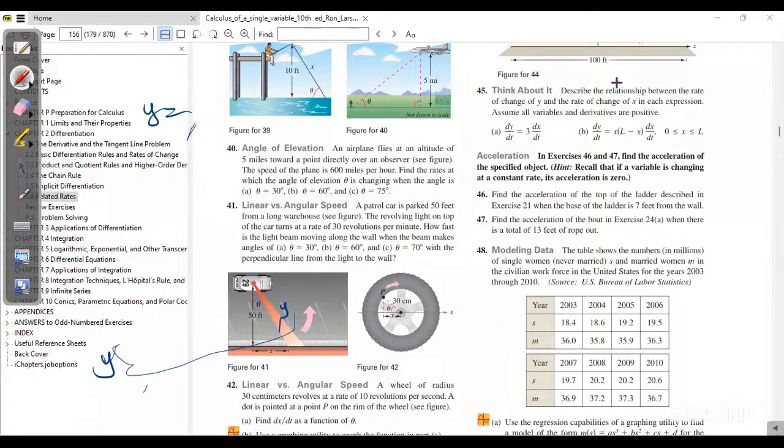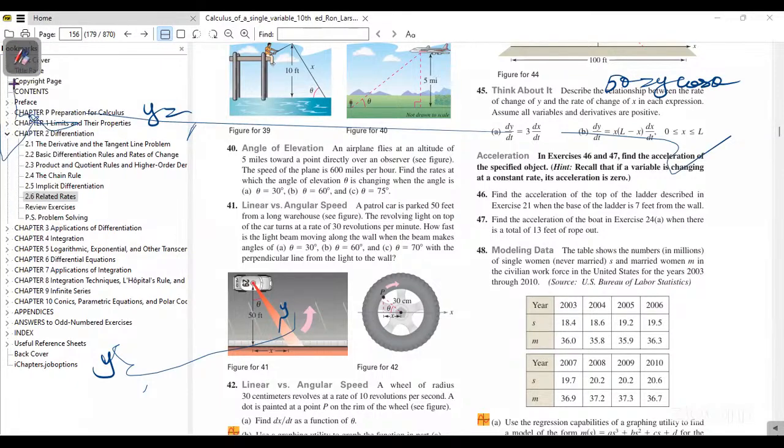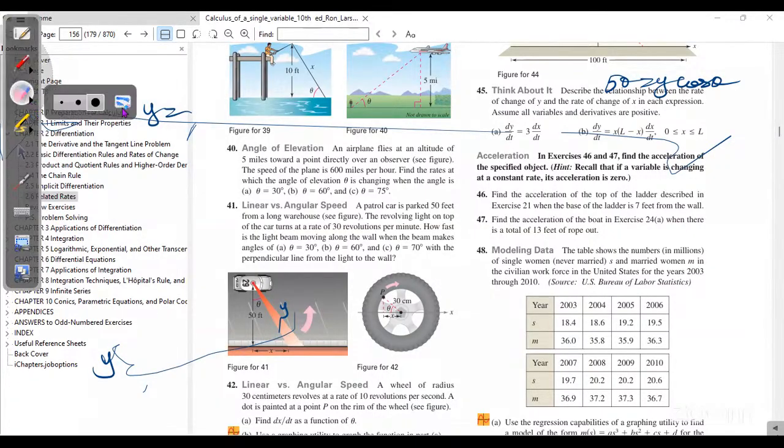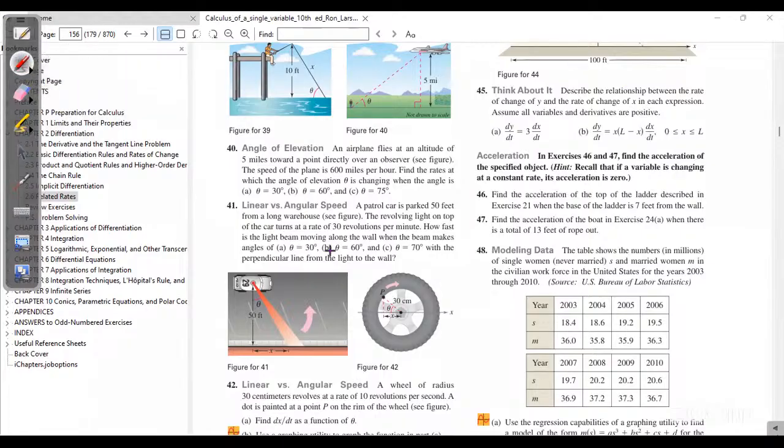50 is equal to y cos theta. Is that right? 50 is equal to y cos theta, or y is equal to 50 secant theta. The 50 is fixed.